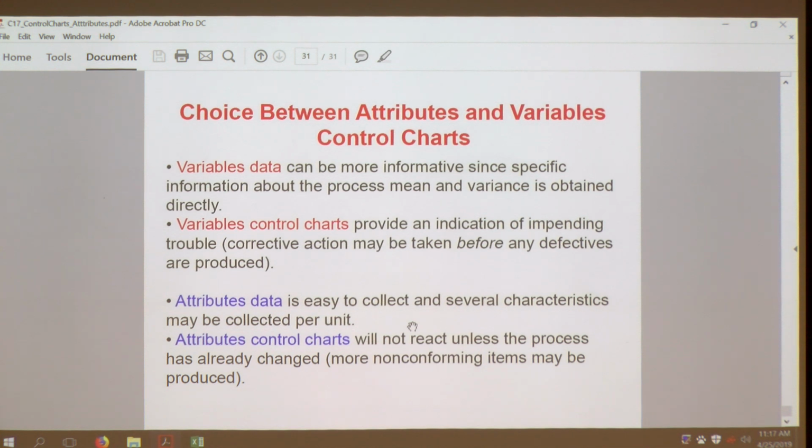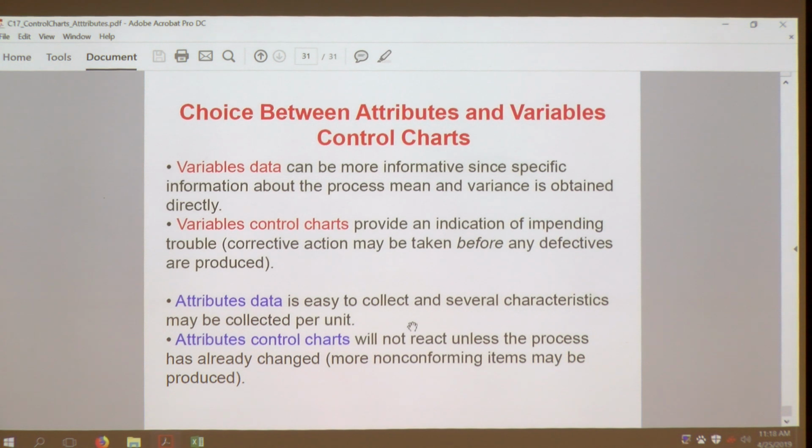Okay. Variables data can be more informative since specific information about the process mean and variance is obtained directly. And the variable control charts provide an indication of impending trouble. So corrective action may be taken before any defectives are produced.